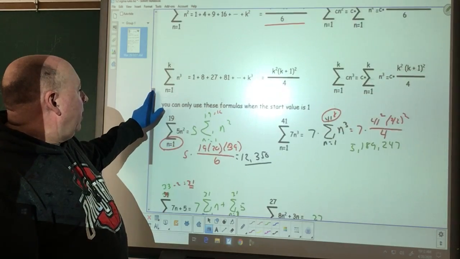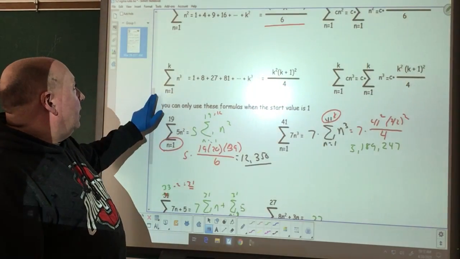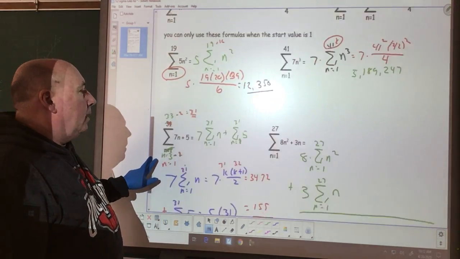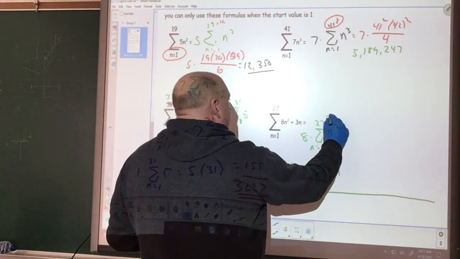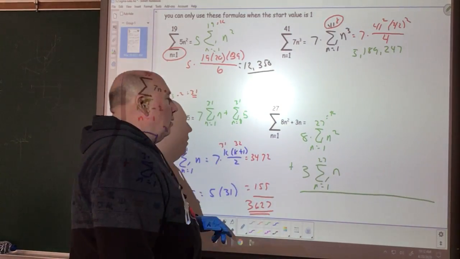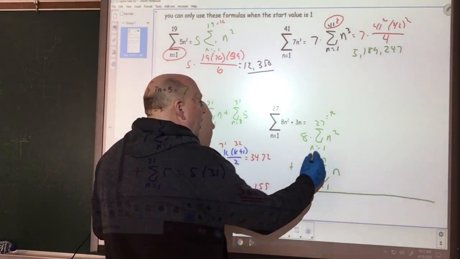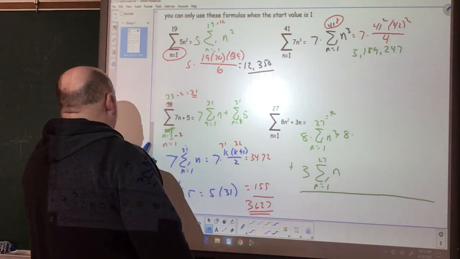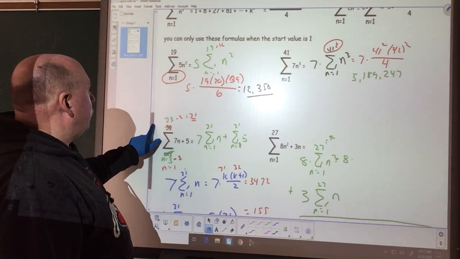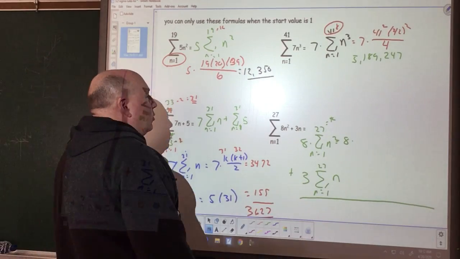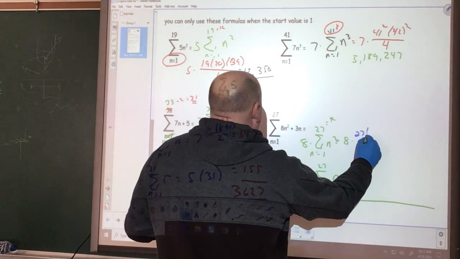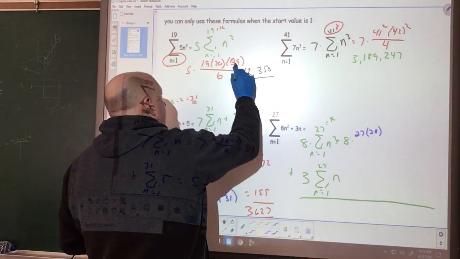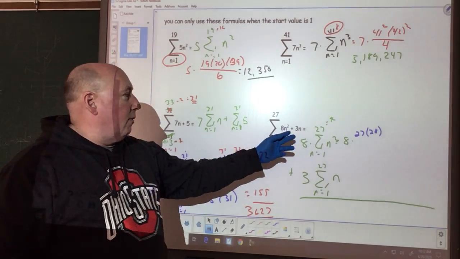When I have n squared, it is k plus 1, 2k plus 1, and my k is 27. So we have 8 times k, which is 27, times 27 plus 1, which is 28, times 2 times 27 plus 1.